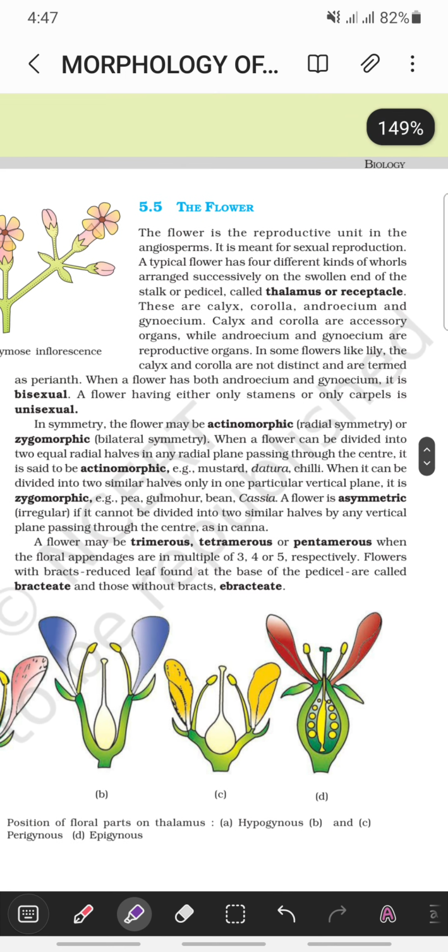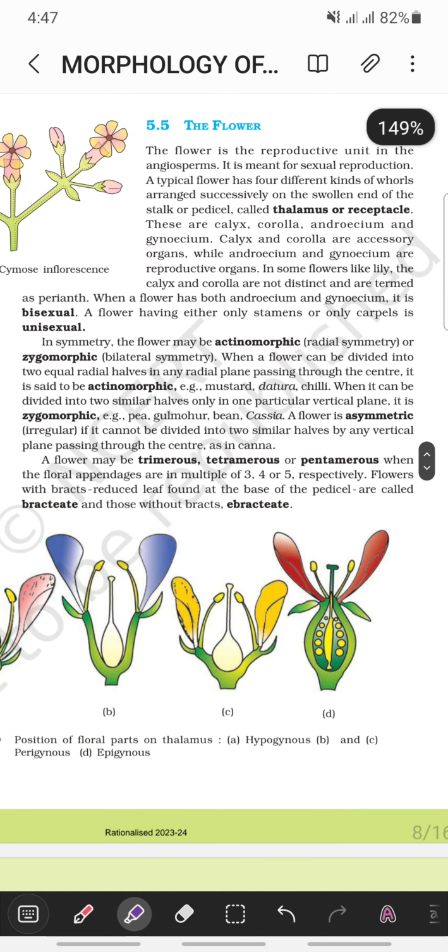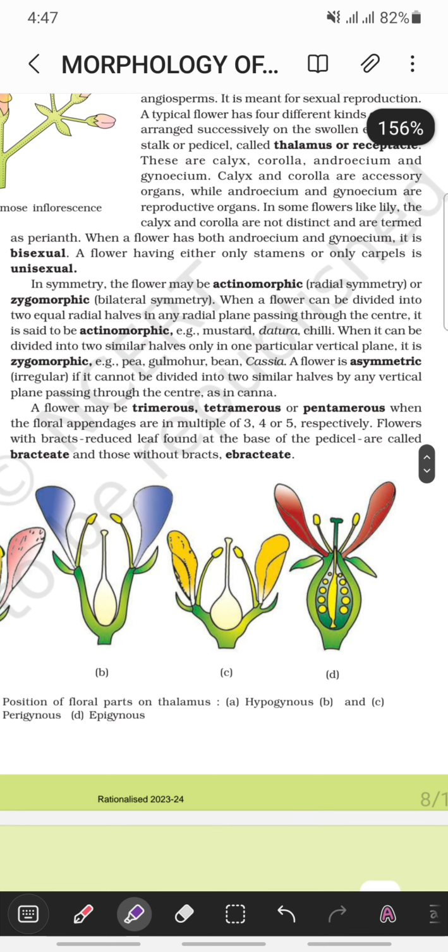When a flower has both androecium and gynoecium, it is bisexual. A flower having either only stamens or only carpels is unisexual. Symmetry: the flower may be actinomorphic, radial symmetry, or zygomorphic, bilateral symmetry. When a flower can be divided into two equal radial halves in any radial plane passing through the center, it is said to be actinomorphic.